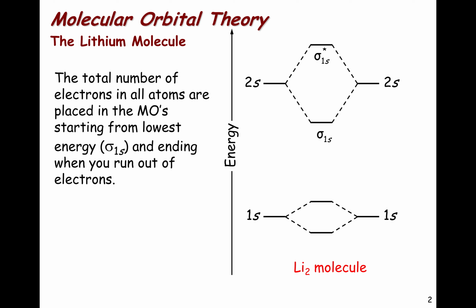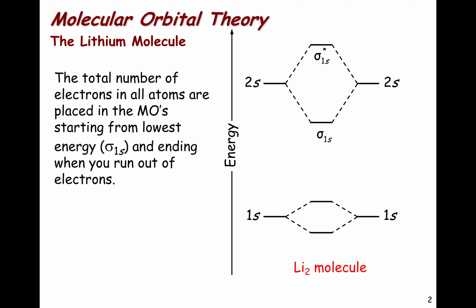And so we need to consider now a molecular orbital diagram that not only has the molecular orbitals for the 1s overlapping to form sigma and sigma star type orbitals, but then we also have to consider the 2s orbitals overlapping.